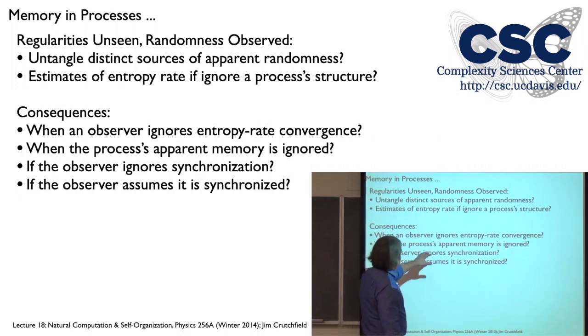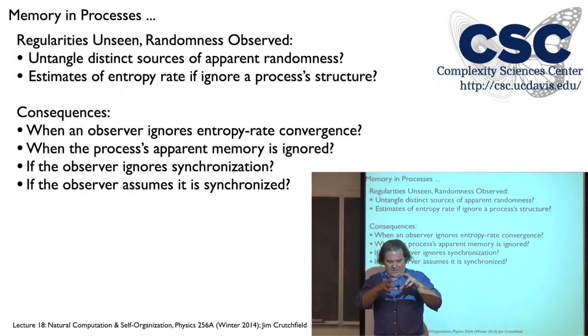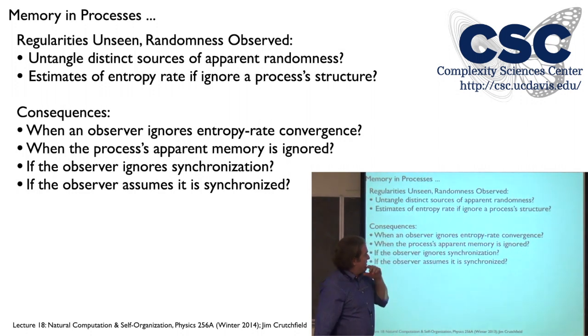So we'd like to untangle these distinct sources of randomness, or be a little more hard-nosed about it. What are the consequences for quantitative estimates of the degree of randomness if I ignore something?